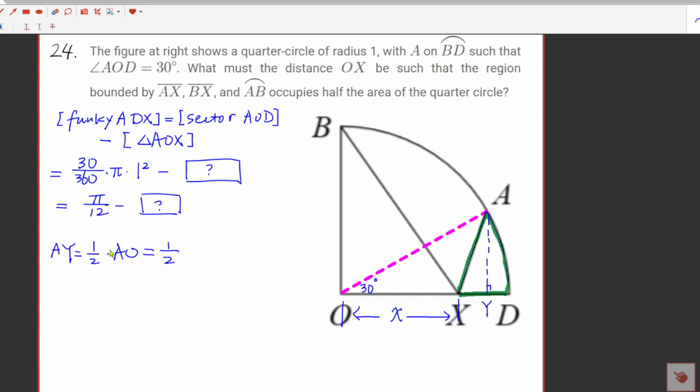Therefore, the area of triangle AOX is 1 over 2 times OX times AY, which gives us x over 4, right? So we could insert this value here.